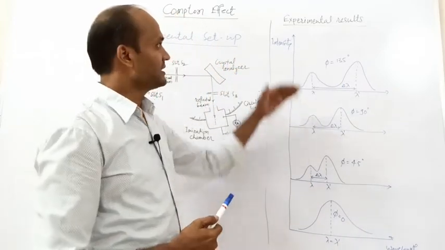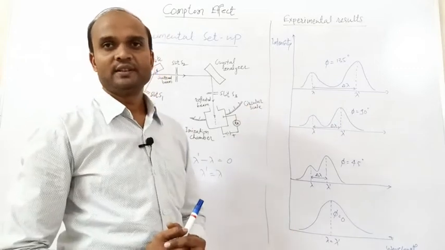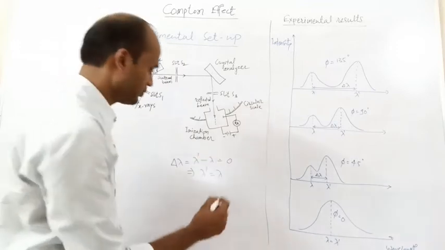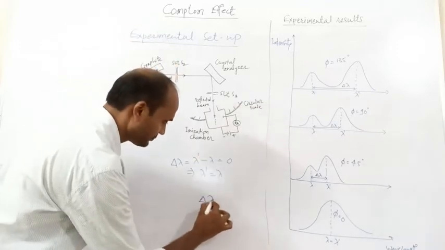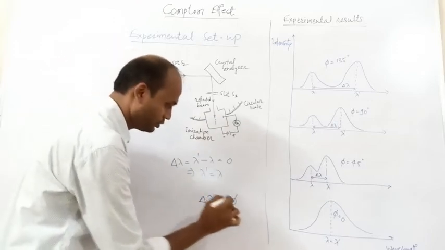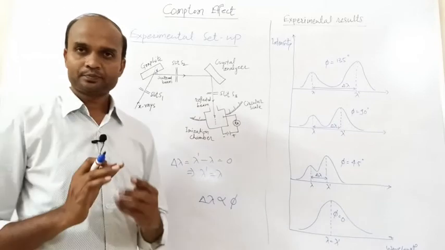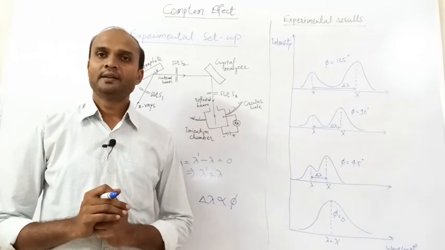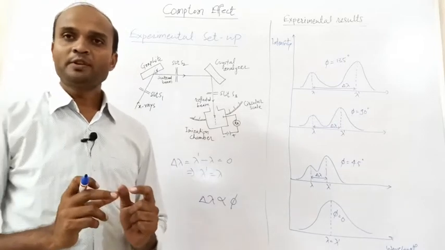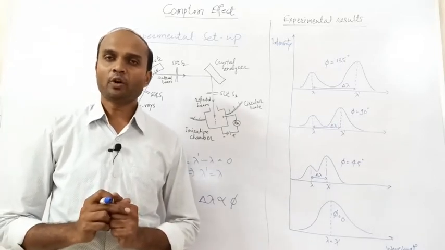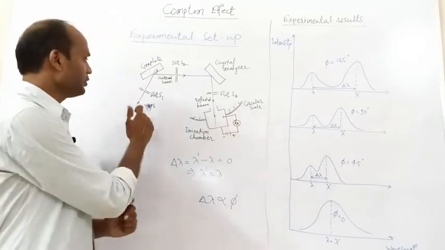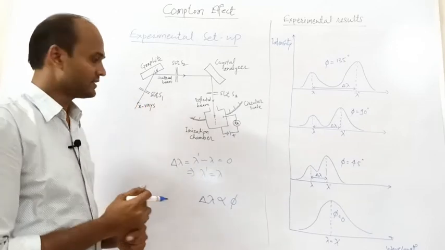So from these experimental results, it is observed that Compton shift delta lambda is directly proportional to the scattering angle phi. And it is observed that Compton shift is independent of the wavelength of the incident X-rays. There is no effect of the wavelength of an incident X-ray on the Compton shift.